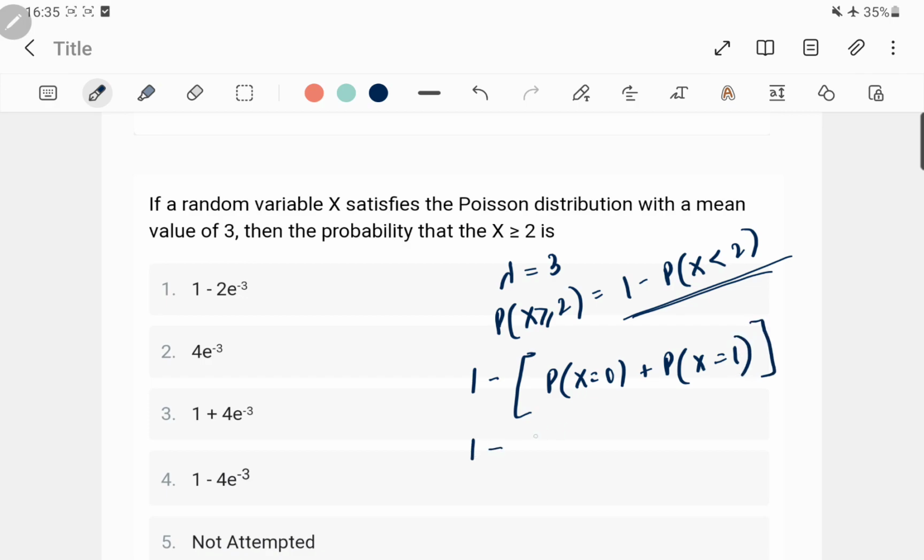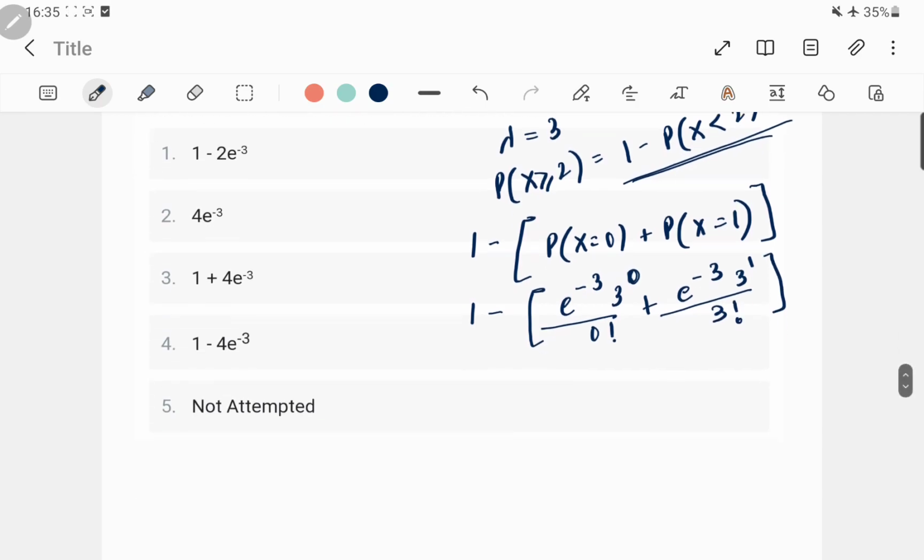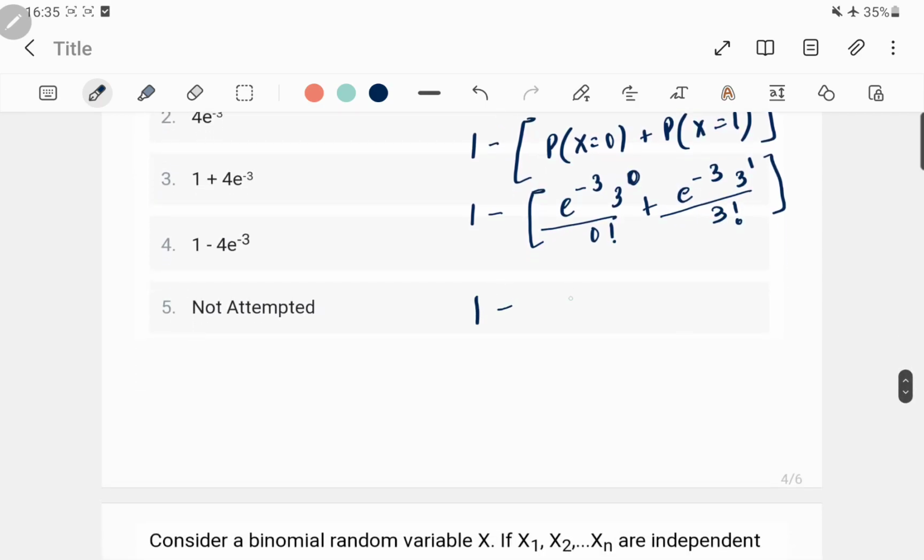And if we put the value here, e to the power minus 3, 3 to the power 0 upon 0 factorial plus e to the power minus 3, 3 to the power 1 upon 1 factorial. If we solve this, taking e to the power minus 3 out, we have 1 plus 3, which gives 1 minus 4 e to the power minus 3. So the correct option is option 4.